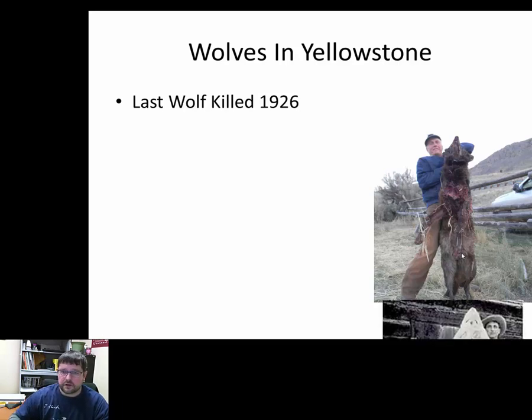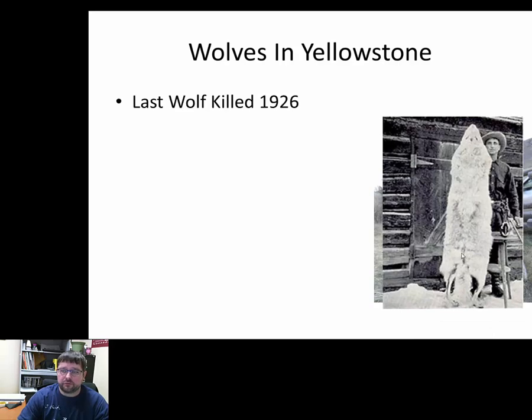Fairly large wolf. There is a wolf that was killed in 1931 in Montana, just outside of Yellowstone National Park. Here you can see it's just the pelt, but again, a wolf is easily as tall as an average sized man.